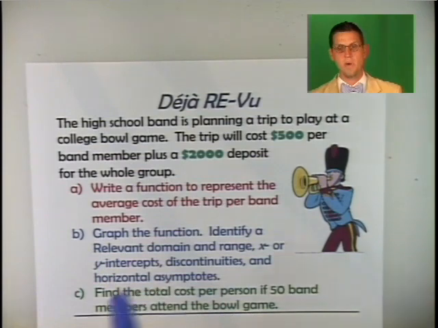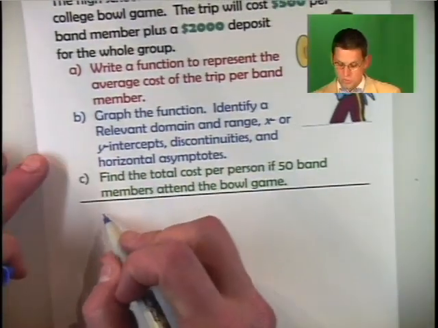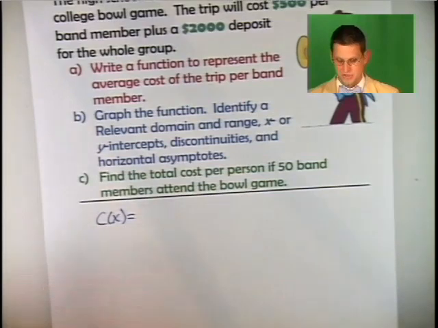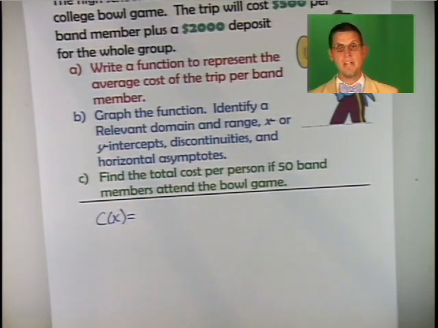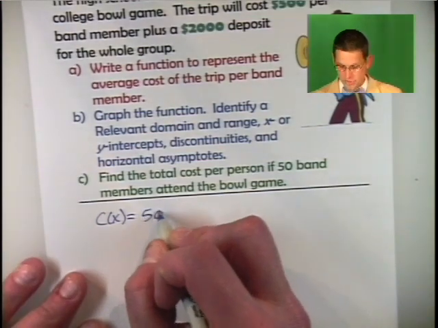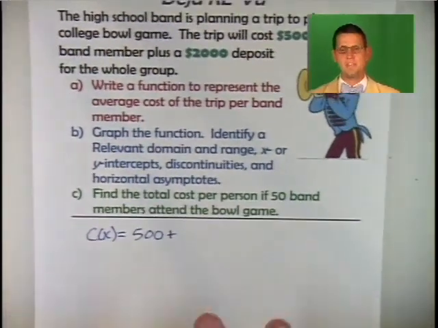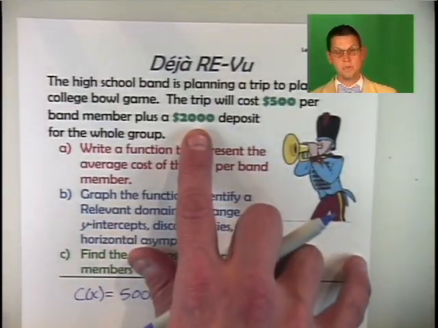Now what we want to do is write a function that represents the average cost of the entire trip per student. The average cost per student. So here's what we're going to do. We're going to write the function as c of x. If it costs each student $500, then the average cost is going to be 500 per student plus, the more students we have, the more we're going to be able to offset that $2,000 deposit.